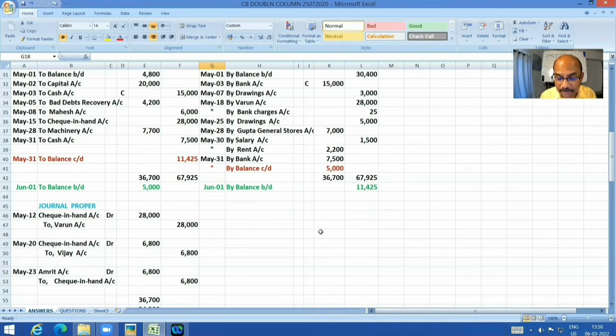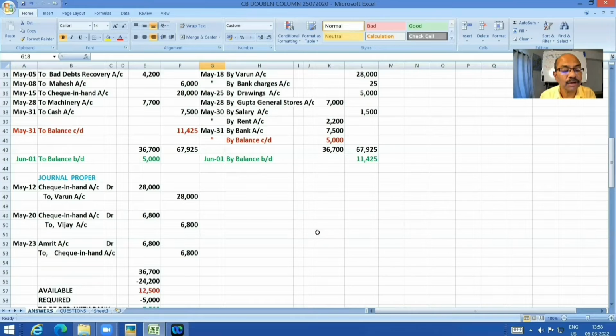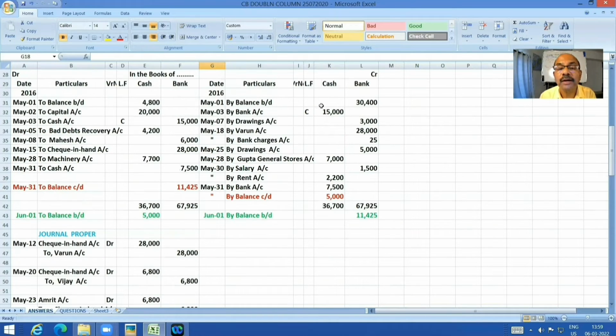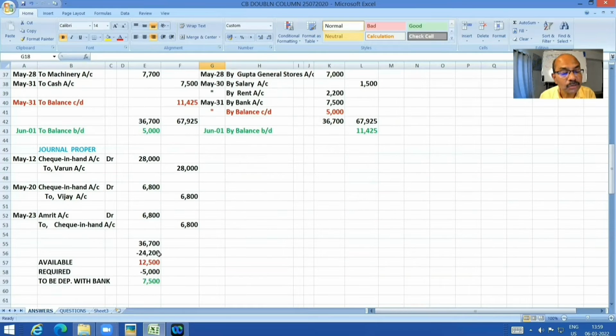So how much? I need only 5,000. Okay, fine. What has been your cash availability? This side 36,600. This side it is 24,200. How did I get it? 15 plus 7 plus 2,200. So 24,200. So debit minus credit, an available balance of 12,500. But we want just 5,000 in the cash box.